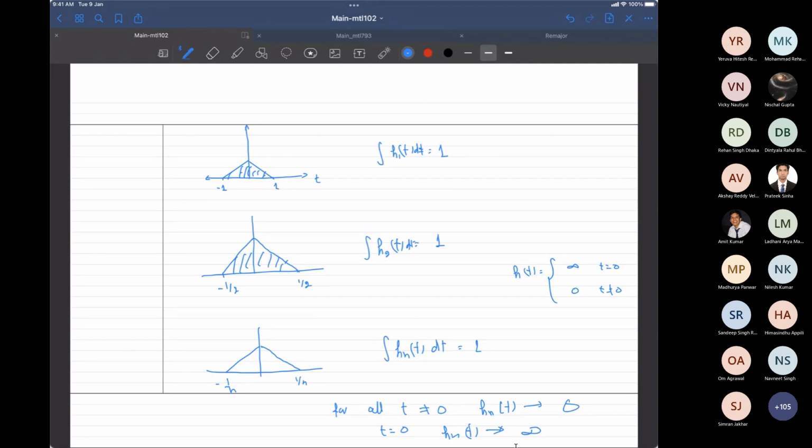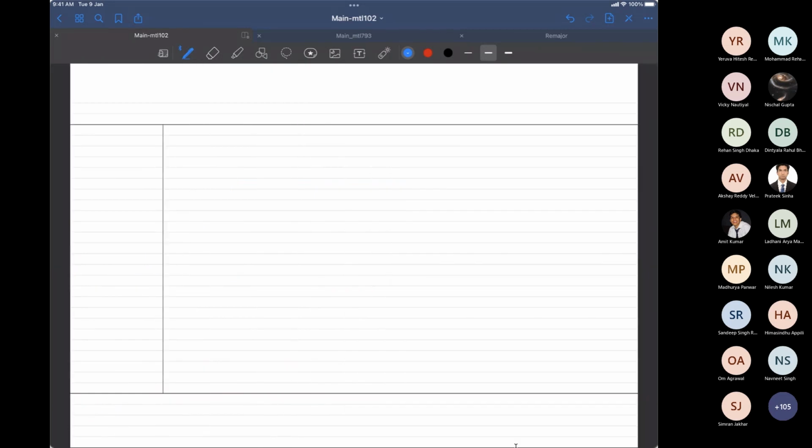So now an important thing you should also observe is that the limit over whole R of the integral of h_n(t) dt is going to be equal to 1. For each n it's 1, so its limit will also be 1 because it's a constant sequence.